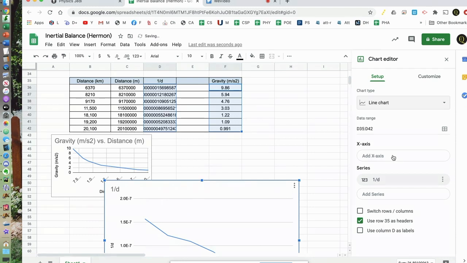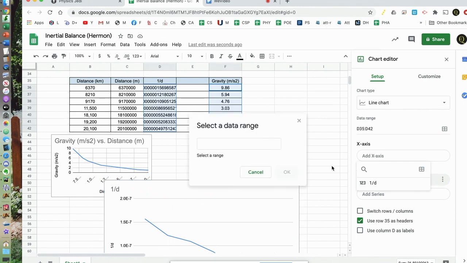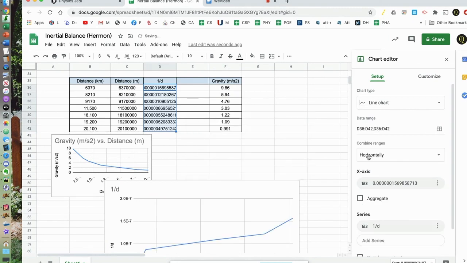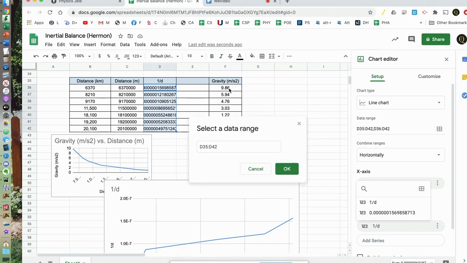So that's weird. Let's click on the x-axis, click on this chart here, and go and highlight this. Okay, click OK. And then for the series, click on there, click on the chart, and highlight this.